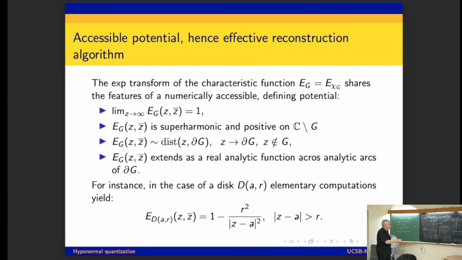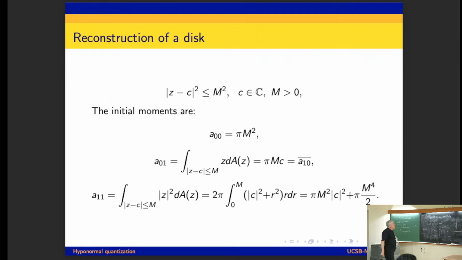So for the disk, an easy computation gives precisely this. Let's do this computation. It's on the slides. Let's go slowly. Pretend that we don't know it's a disk, but we pretend that we know the moments. We start with the moments of the disk. So what is the area?